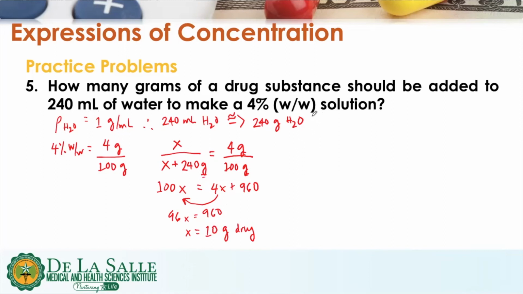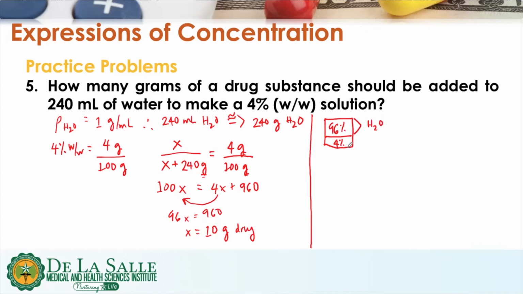Now, there is another way for which you can compute this. Now, if the percentage of the solution based on the amount of the solute is 4%, then the rest of it, 96%, will be water.